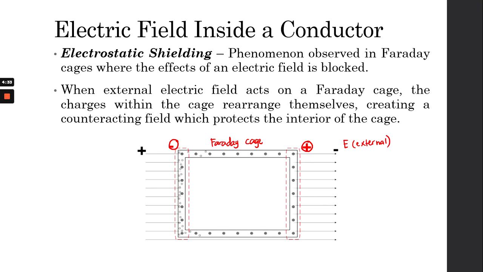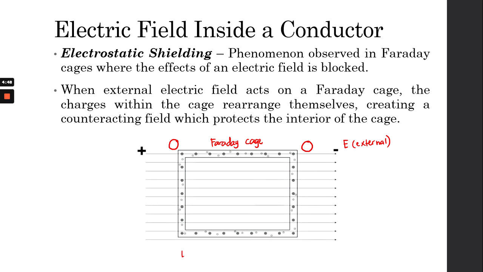What happens is that inside the Faraday cage, it creates another internal electric field. As you can see, there would be red lines going in the opposite direction.